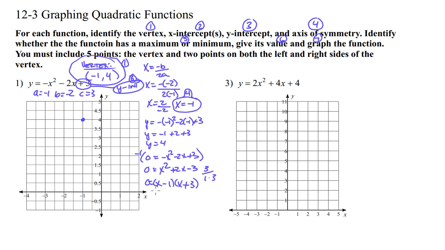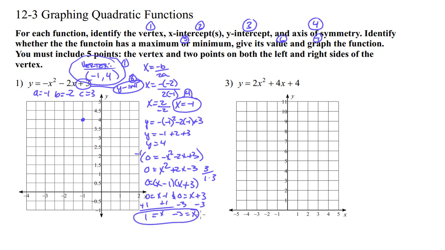Okay, so since we know that these two multiplied together equal 0, we got to set each one of those equal to 0. So 0 equals x minus 1, and 0 equals x plus 3. Add 1 to both sides, x equals 1. Subtract 3 from both sides, and -3 equals x.